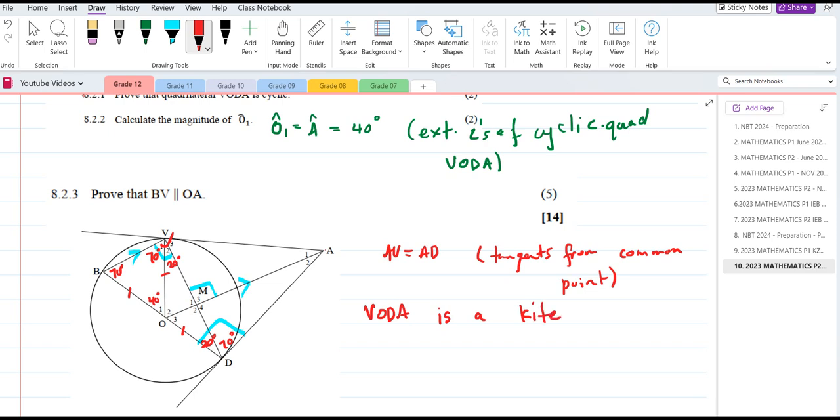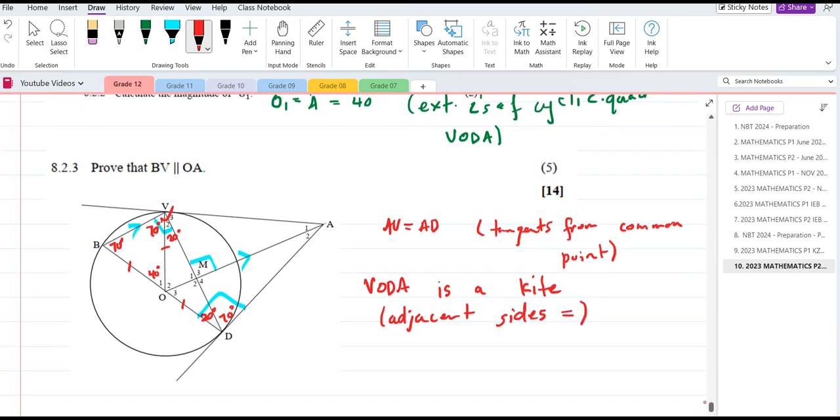Why is it a kite? Because we have adjacent sides equal. Since this is a kite, we know that BVD is 90. BVD is equal to 90 degrees because we have angles in a semicircle.